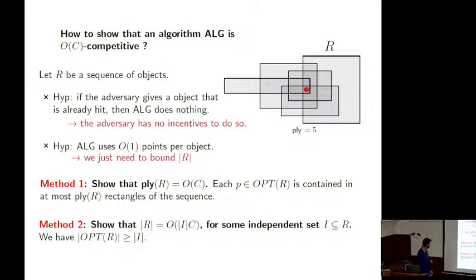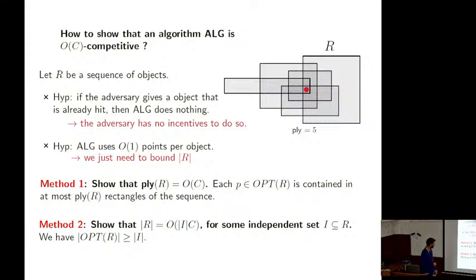There are 2 methods. Either we show that the ply is bounded by roughly the same value. What is the ply? You look at all the points, and for each point you count in how many objects it is contained, and the maximum over all the points is the ply.